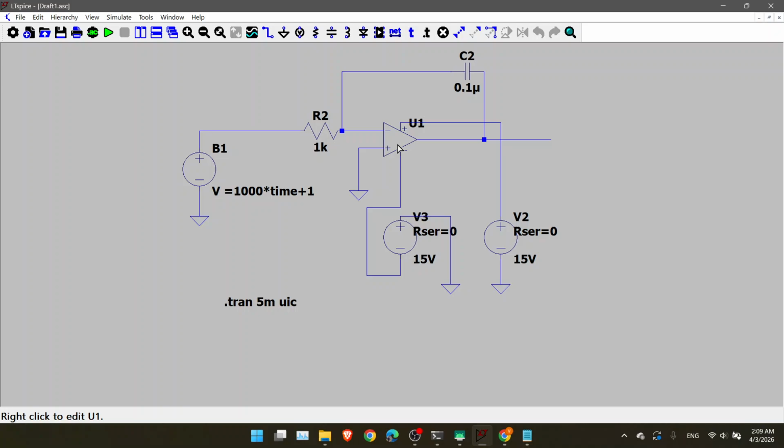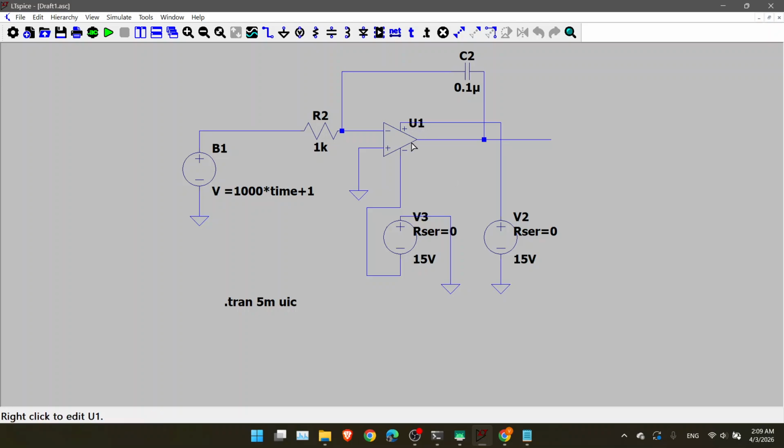Plus and minus supply voltages. So the minus sign of the supply voltage here I connected to the minus 15 volts. The values that I selected here are for the purpose of seeing clearly in the graph. This is a voltage source, the minus sign of the supply voltage. The plus sign is connected to plus 15 volts.